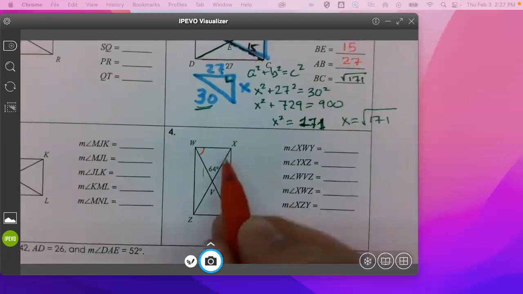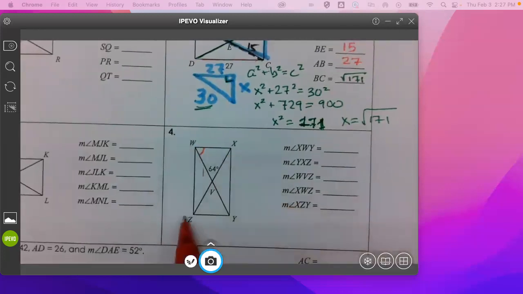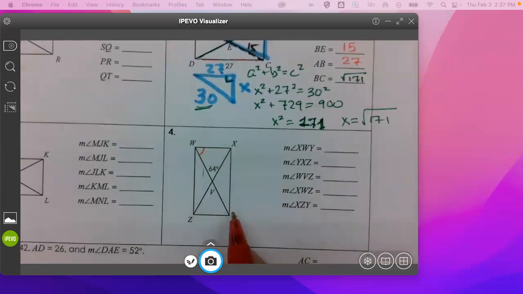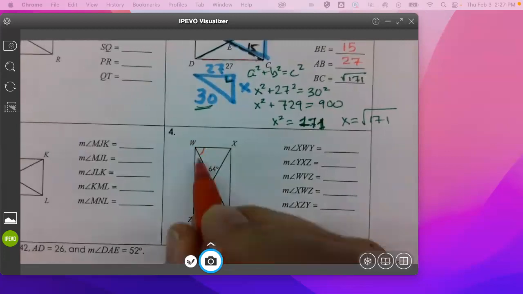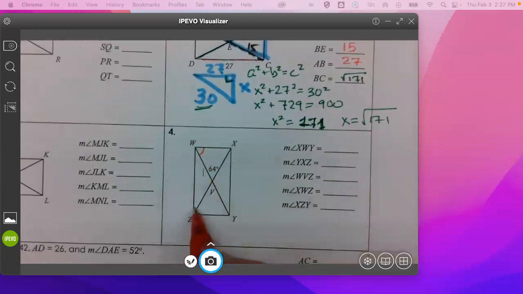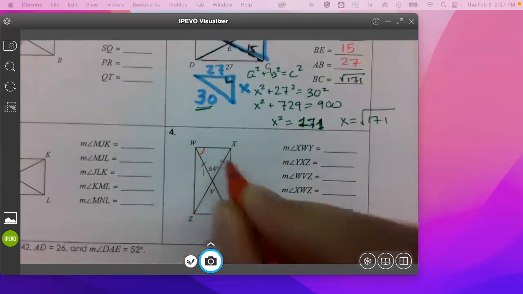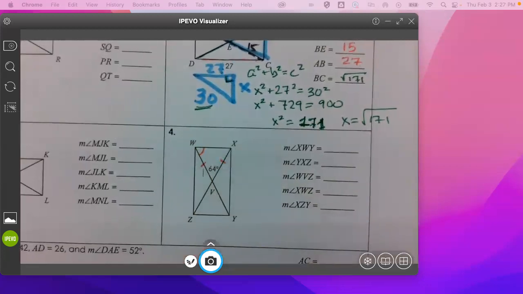But we do know that the diagonals are what in a rectangle? Congruent. And because it's a parallelogram, they also do what to each other? Bisect. So WY and XC are the same length, aren't they? And that means that WV and XV are also the same length. They're each half of the same thing. So if I put those marks there, what kind of triangle is this?